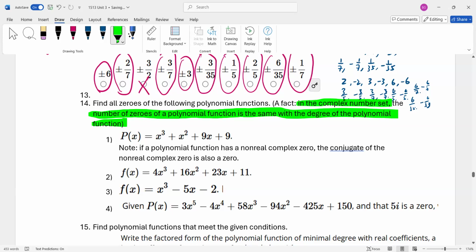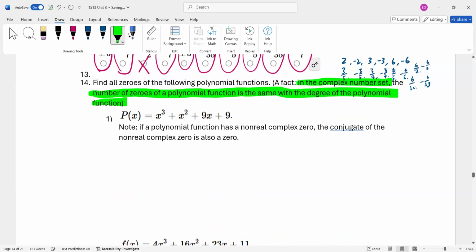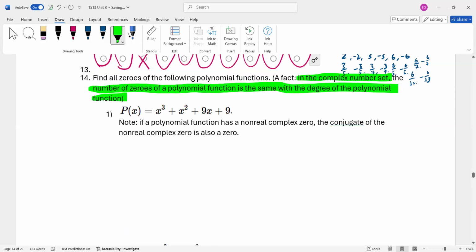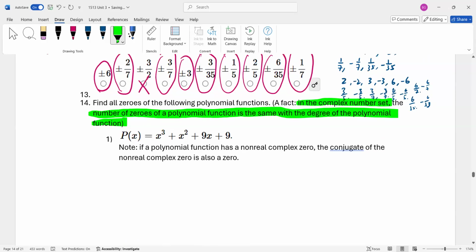Let me get some space here. The first polynomial we have has a degree 3. x cubed plus x squared plus 9x plus 9. Here we need to find all the zeros, right? Find all zeros of the following polynomial function.